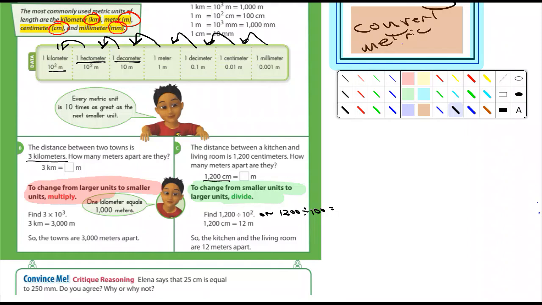And when we're going from smaller to larger, we divide. So, Mr. Kamisa, it's 1,200 divided by what? 100. And so that would be 12 meters. It's a good example.